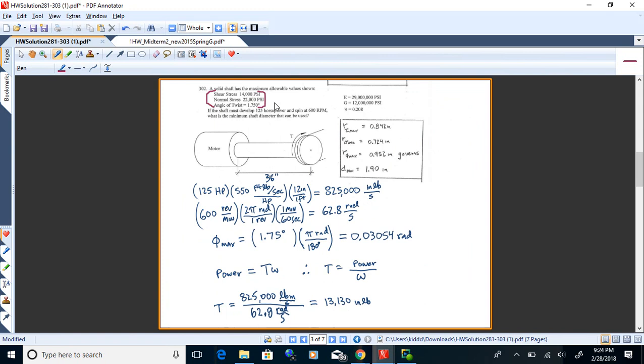The normal stress can't exceed 22,000 psi. And the angle of twist can't exceed 1.75 degrees. The shaft has to develop 125 horsepower with a rotational speed of 600 RPM. How big of a shaft do we need to use?